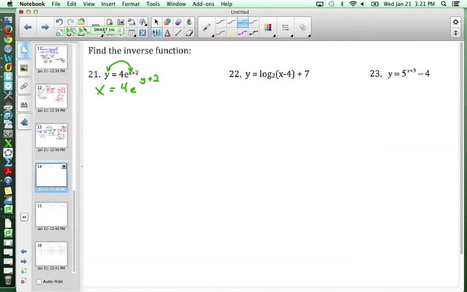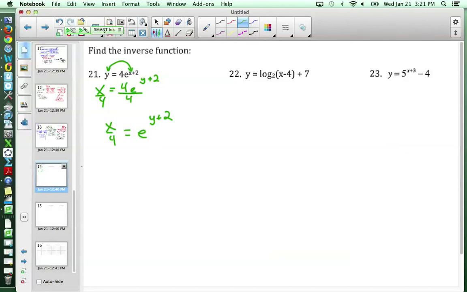And now our goal is to solve this equation for y, get y by itself. The first thing that we want to do is get rid of the 4 that's hanging out front here. So we're just going to divide both sides by 4. So we get x divided by 4 equals e to the y plus 2. Now in order to solve this equation for y, we need to get y out of the exponent.